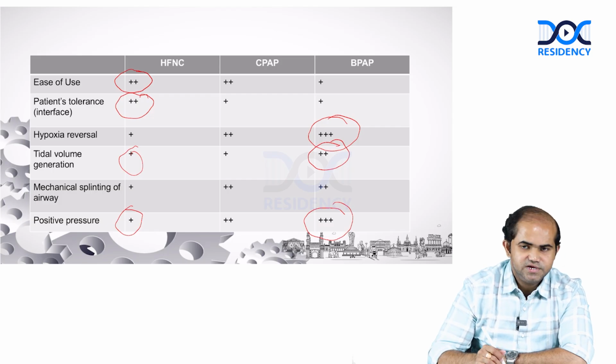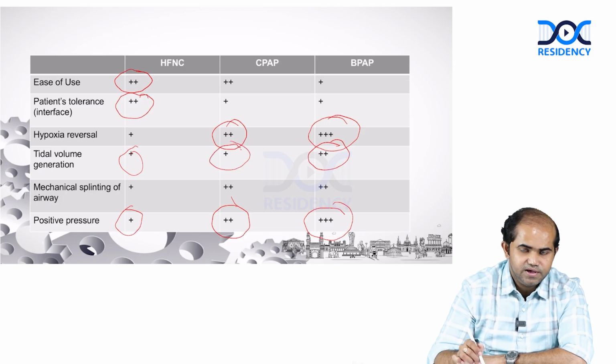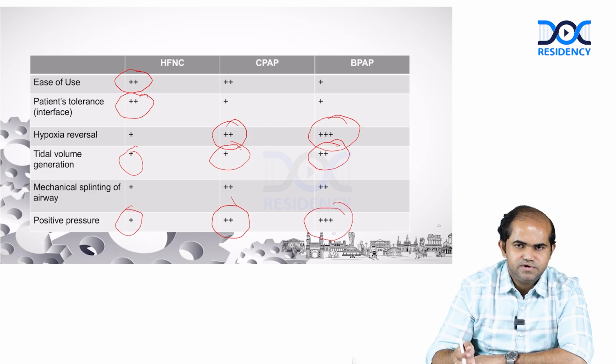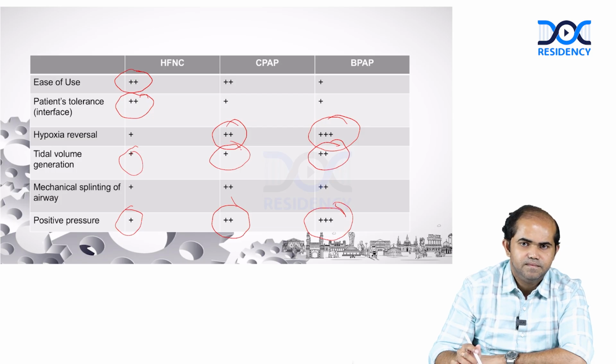In CPAP, as I said, continuous positive airway pressure is delivered throughout the cycle. So there will be good positive pressure and good hypoxia reversal, but not much tidal volume generation. Good tidal volume generation is by BiPAP, where you give IPAP, which is your positive inspiratory pressure to open up the airway, and EPAP is for your saturation. In that way, hypoxia reversal is very good in cases of BiPAP.